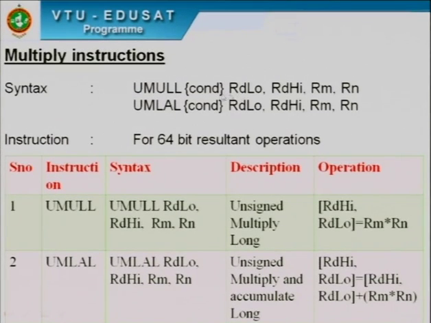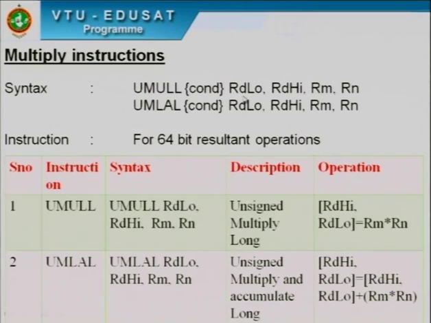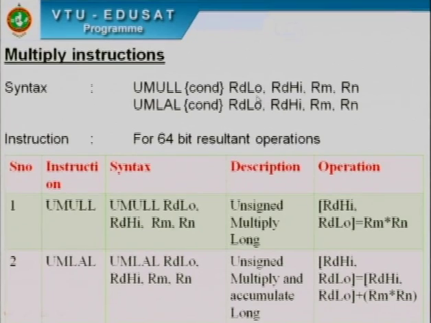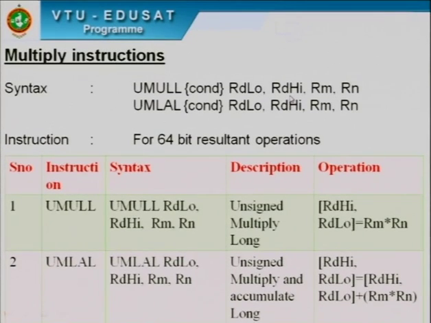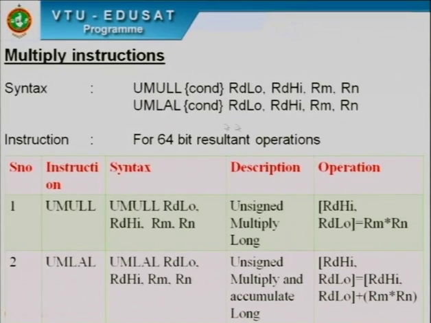UMULL condition RDLO, RDHI, RM, RN. That means the destination register lower and destination register higher together form a 64-bit value. Similarly, UMLAL condition RDLO, RDHI, RM, RN. We will see these instructions in the table again with a little more description.